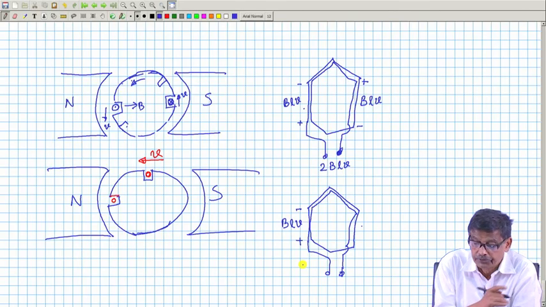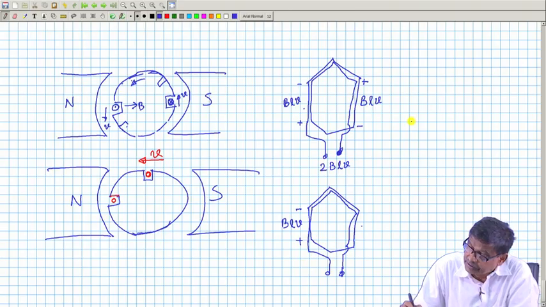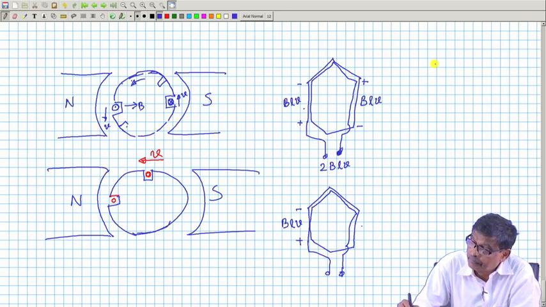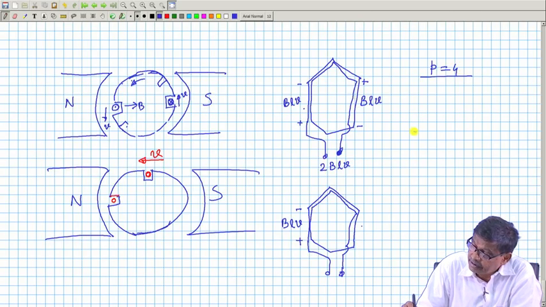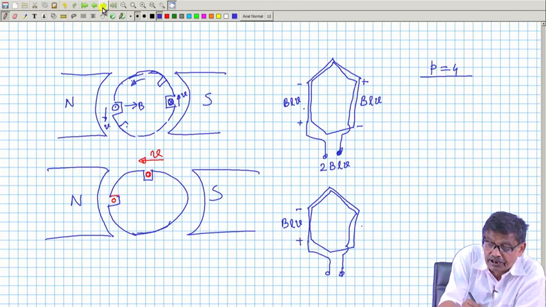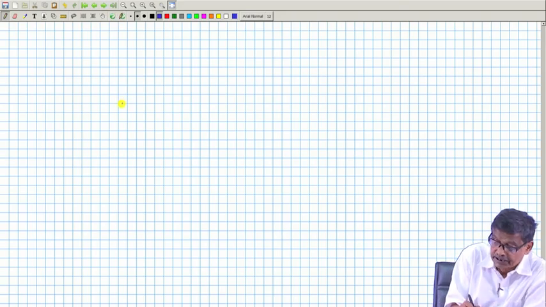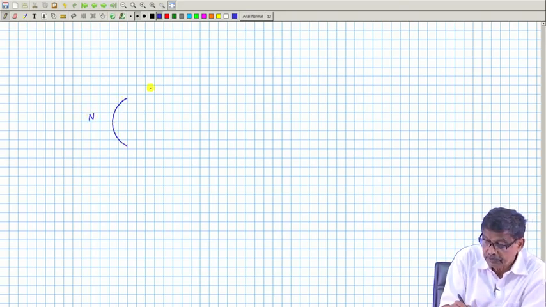If you have understood me, then you should tell what happens if suppose the machine is 4 pole. What do I mean by 4 pole? 4 pole means, I will go to the next page. 4 pole means, suppose on the stator there will be 4 projections.